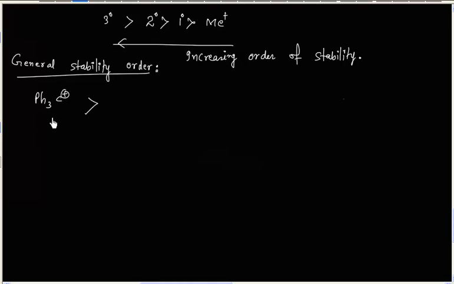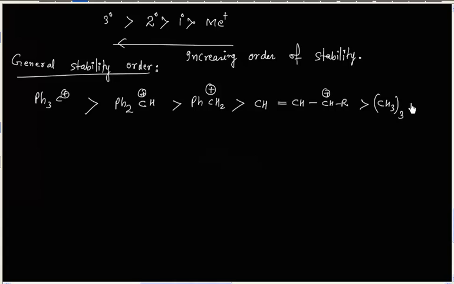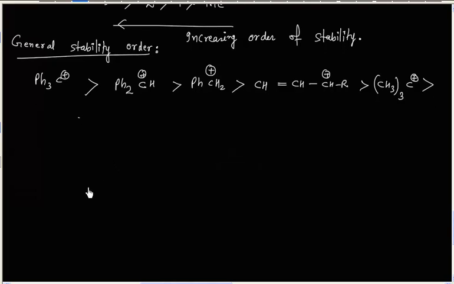So this carbocation is most stable, and then you have 2 phenyl group, then you have 1 phenyl group, and then you have allylic carbocation, then you can have a 3-degree carbocation, and then you can have a benzyl carbocation, then you have allylic.